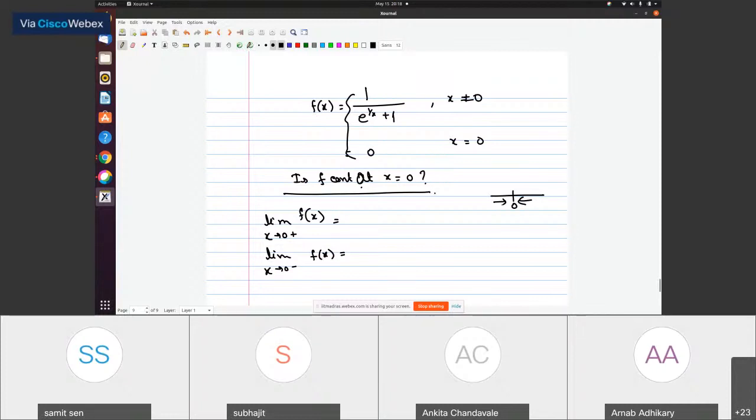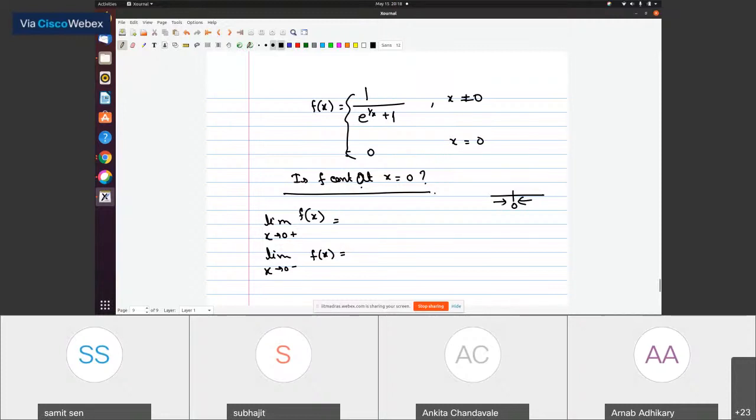Why? Because e to the power 1 by minus infinity. Even 1 by minus infinity would mean 1 by e to the power infinity, then also it's 0, right?